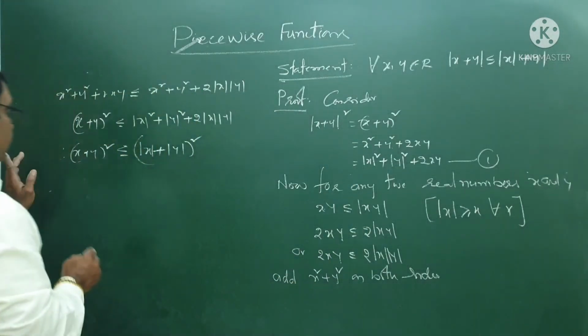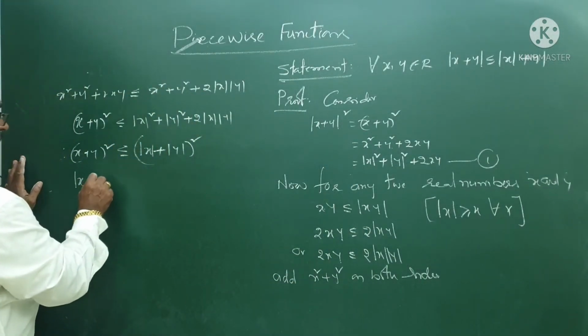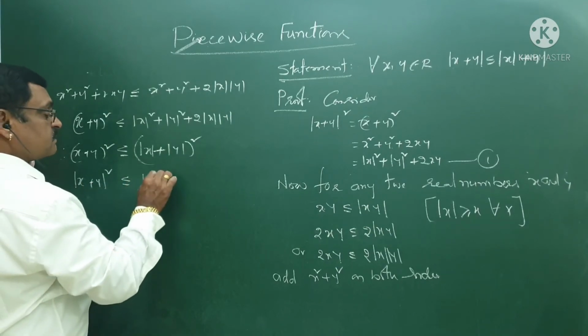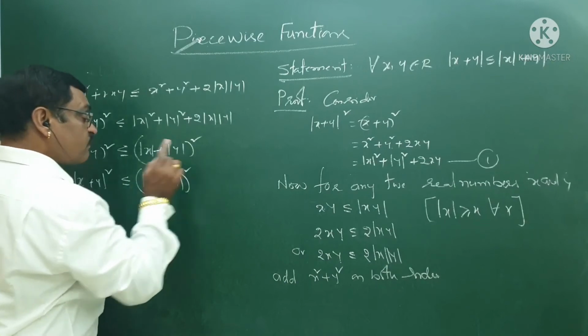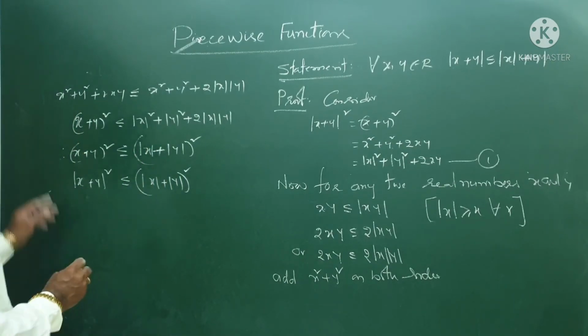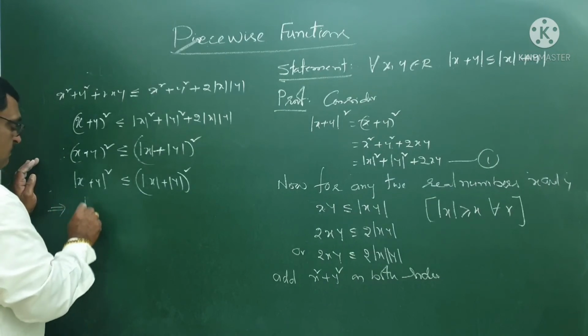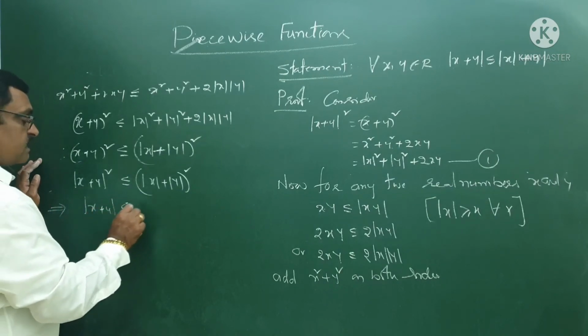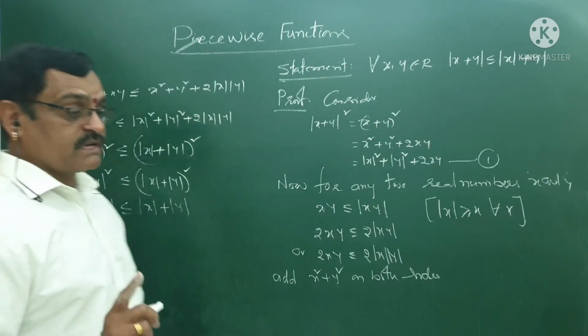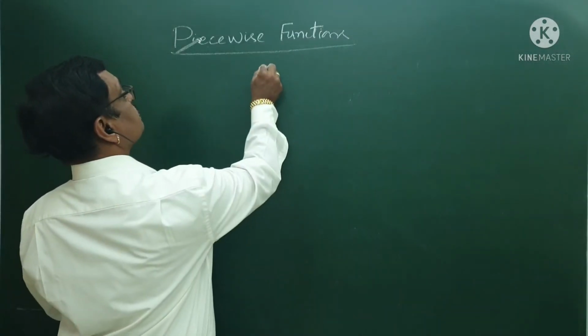So I can write that. So this is mod of x plus y whole square less than or equal to mod x plus mod y whole square. Now taking positive square root on both sides, we get mod x plus y is less than or equal to mod x plus mod y. This is a very, very important statement.